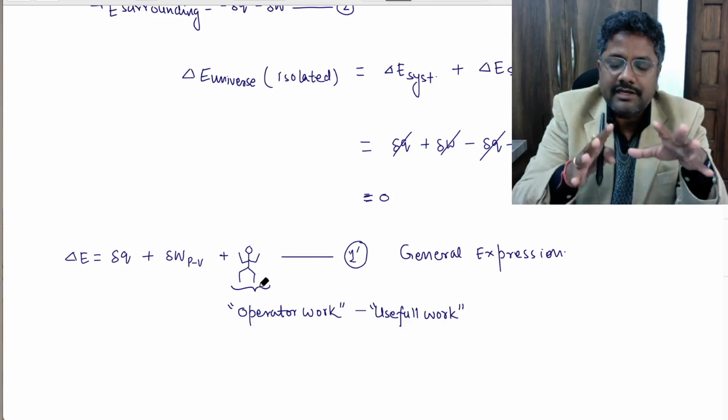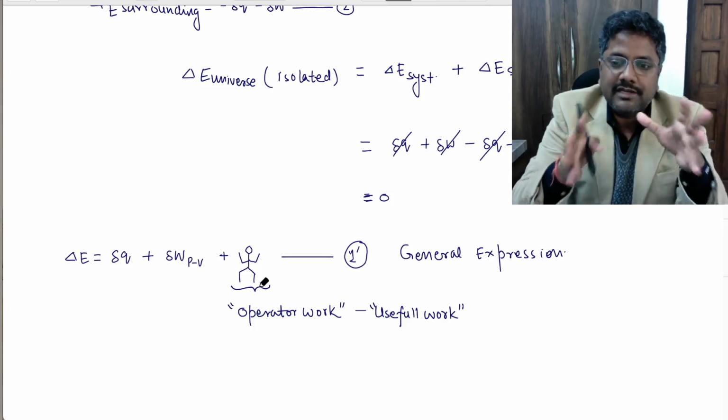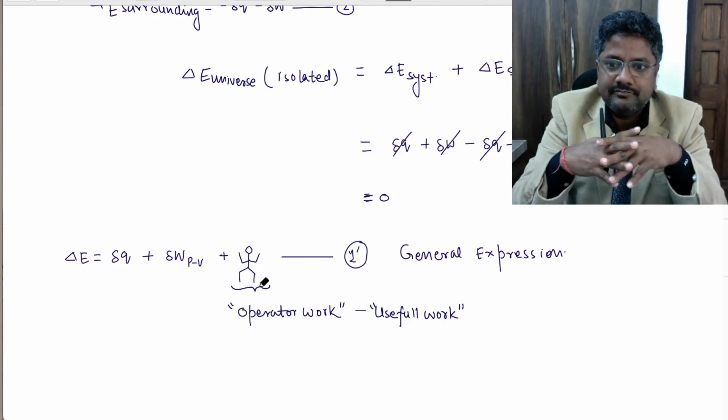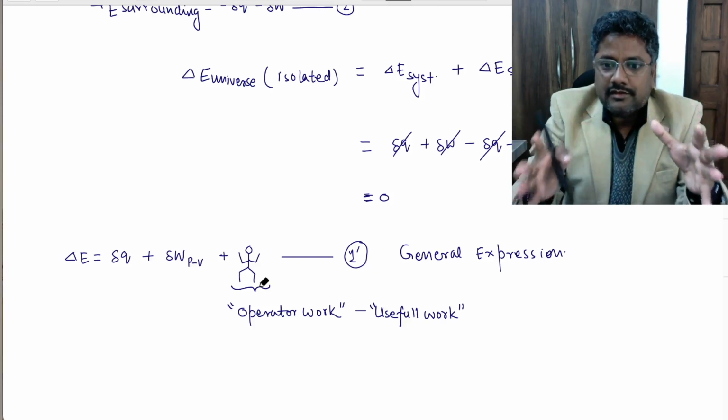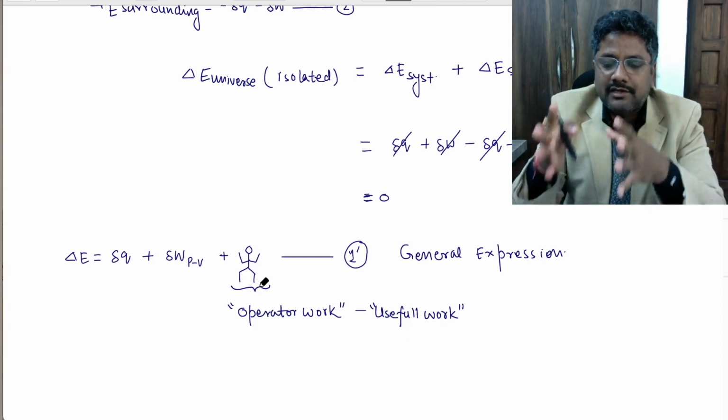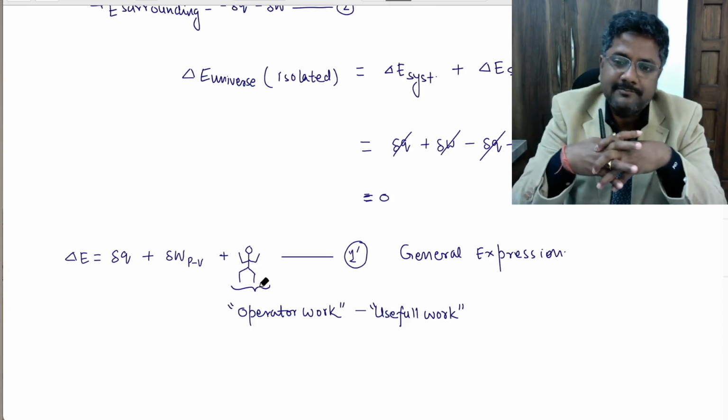Similarly, we can take another example. Suppose that in a container we have set up a gaseous reaction. During the course of the reaction, energy is required. We are giving energy to the system to break the bond and to make the reaction happen.